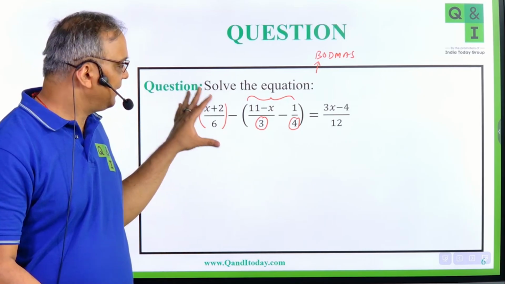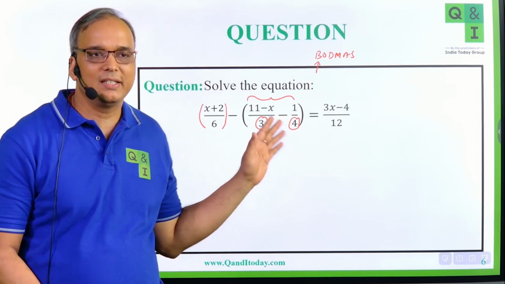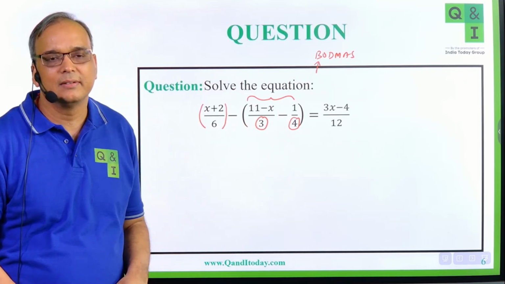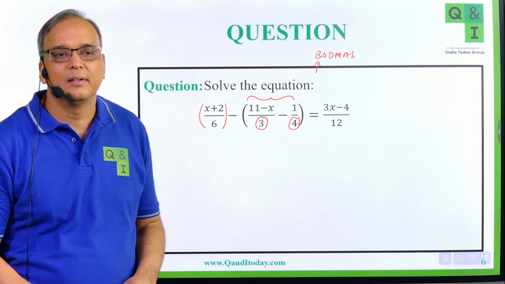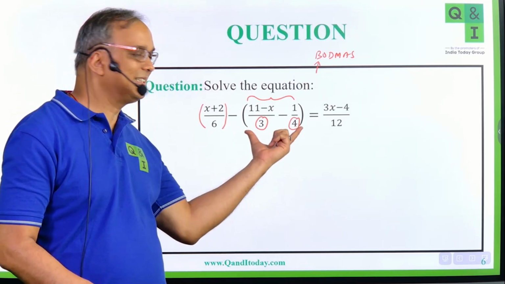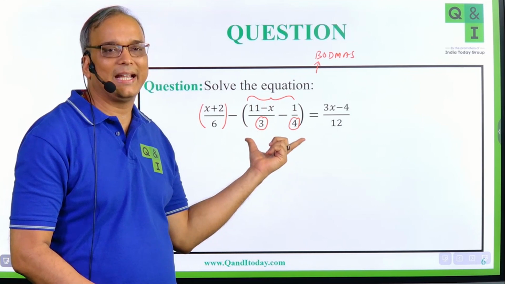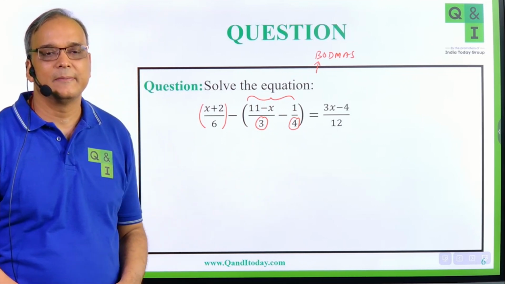Are you all able to understand the concept and understand the steps which you are going to take to solve this question? So you need to first solve this bracket, 11 minus x by 3 minus 1 by 4. Try and solve this bracket first.